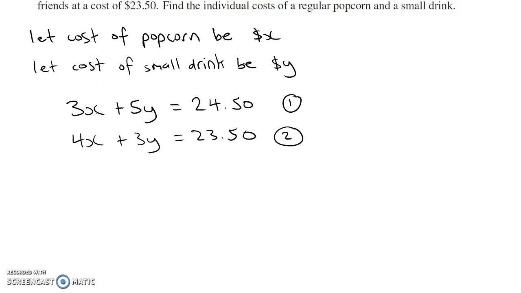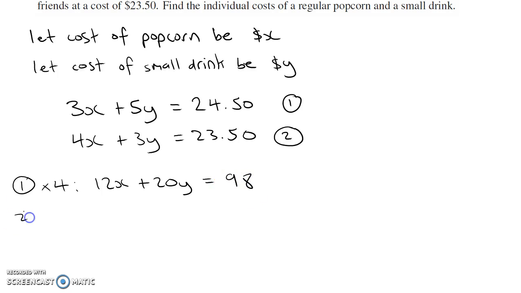So in order to get 12x, we need to multiply equation 1 by 4. So if we take equation 1, multiply it by 4, we will get 12x plus 5 times 4 is 20y, which equals 24.50 times 4 is 98.